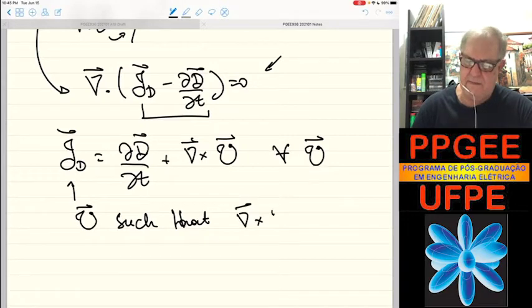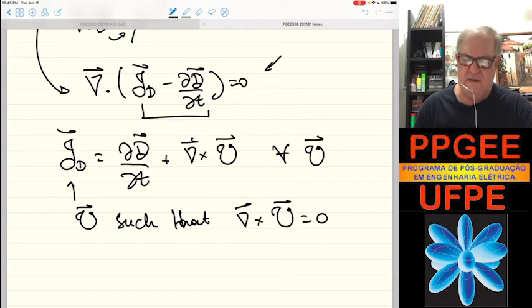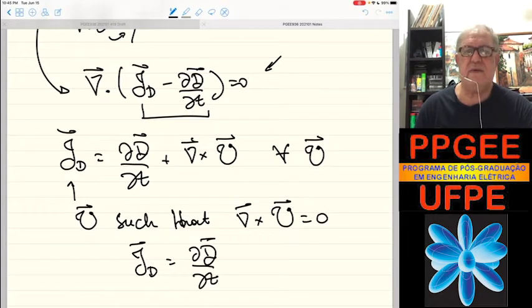Right? So let's choose a solenoidal V. So in this case, JD is equal simply to dD/dt. Right? So we can do that. So if we make this choice, this fixes Maxwell's, Ampere's law in differential form.